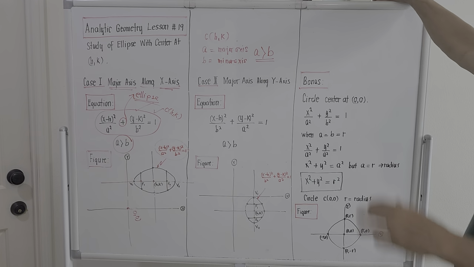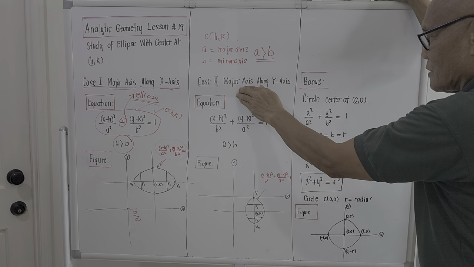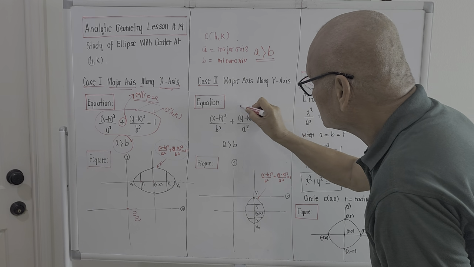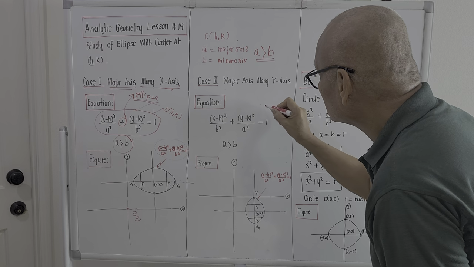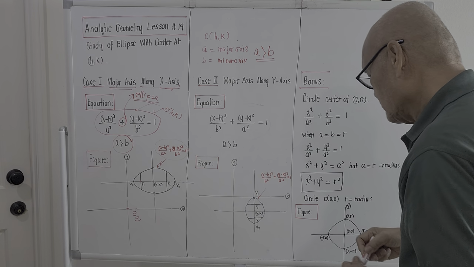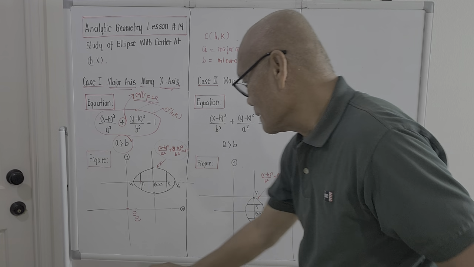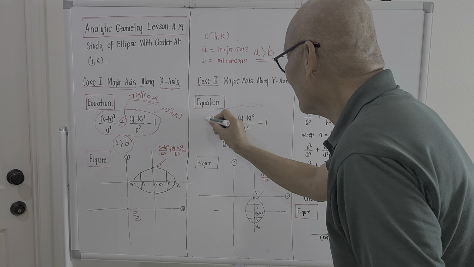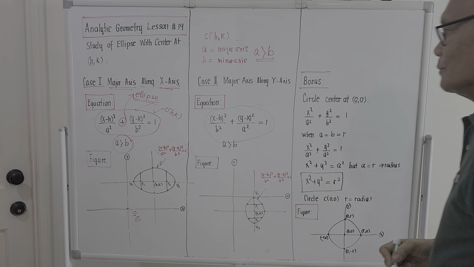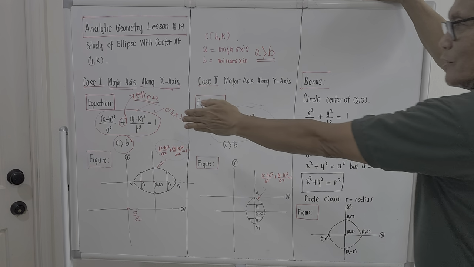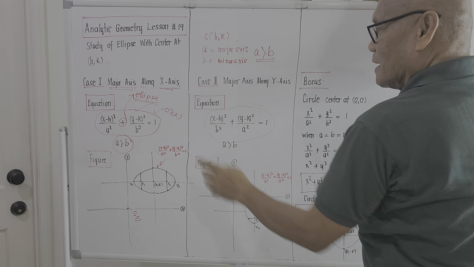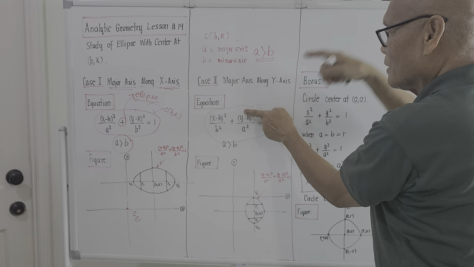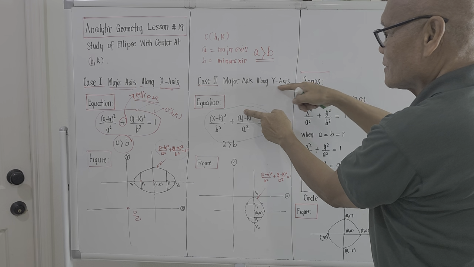For case number 2, if the major axis is along the y-axis, this should be the resulting equation. It is almost similar to case number 1, except that a is underneath the y, for the major axis to be along the y-axis.